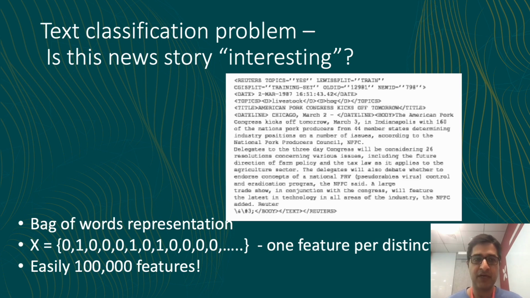So, for example, if you have a text classification problem of whether this story is interesting or not, your features would be the bag of words representation. You tend to have one feature per word, and essentially what you land up with is hundreds of thousands of features, one feature almost for each word in the English language. And this is when you have not even considered a bigram or a trigram set of features, right?